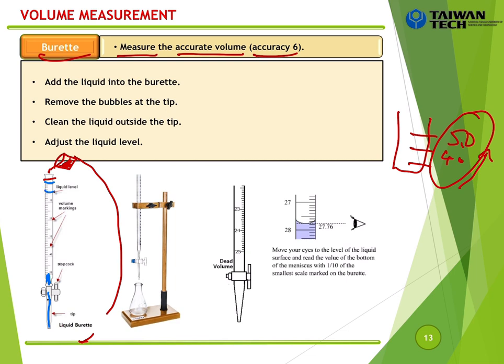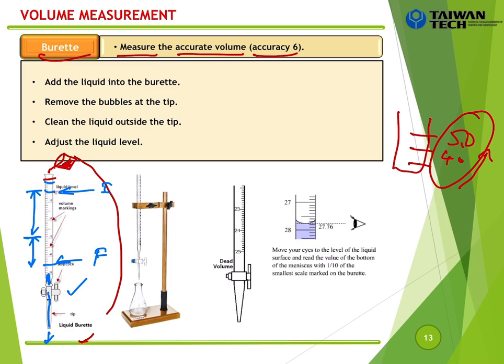It's okay, because we want to know the initial and final level, and then you will know the volume. Then you just open this, and the liquid can go down, and you have the final level, and you can read the value from here to here. No need to make it exactly 0, it depends on you. Just record the initial and final level only, and then you can know the volume you use.